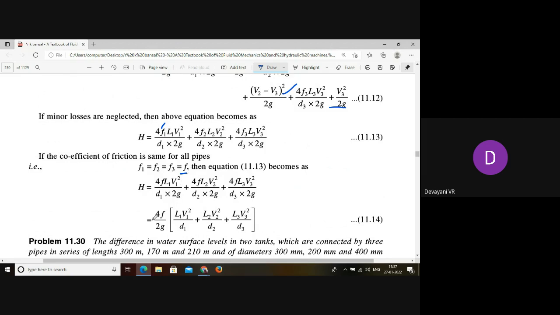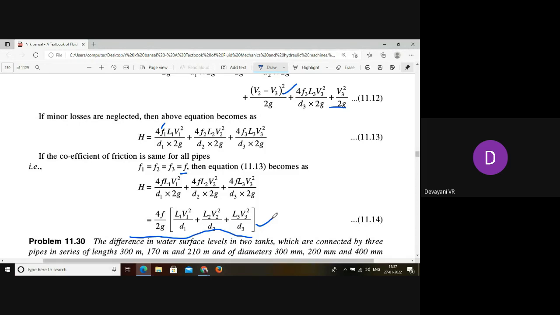Substituting that, the total head loss from the first pipe to the last pipe will be H equals 4F by 2g into L1 V1 square by D1 plus L2 V2 square by D2 plus L3 V3 square by D3. Right? So this is the equation of head loss while connecting all pipes in series.